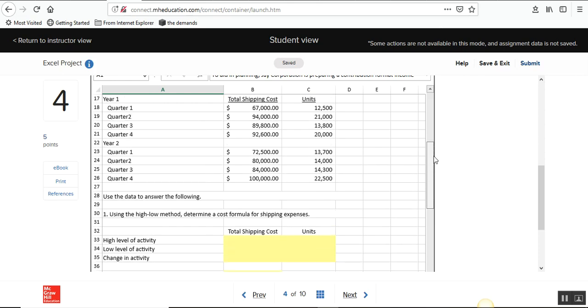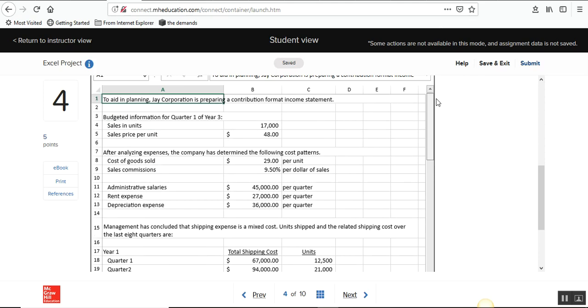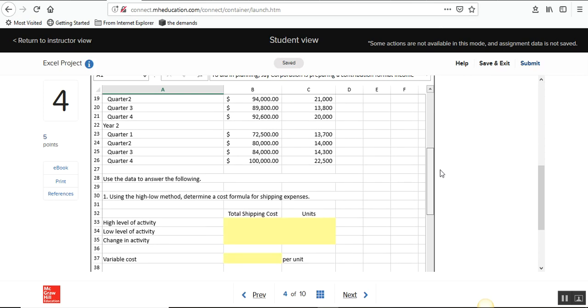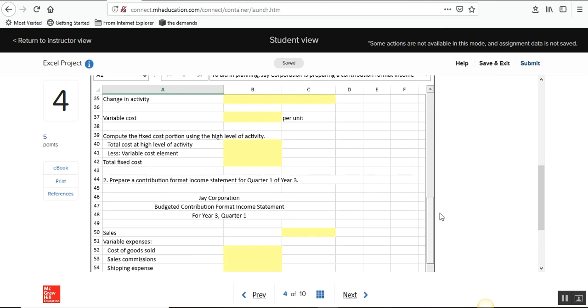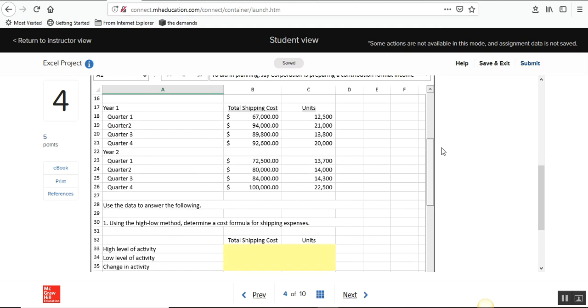So you're going to ask, what is the total cost here at the highest level of activity? And then you're going to subtract out the variable cost element and get the fixed cost.